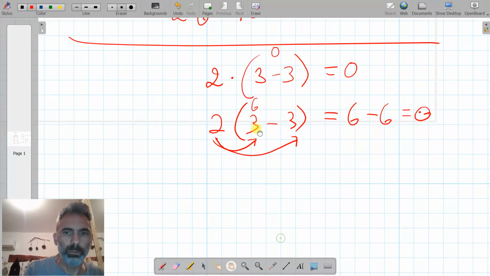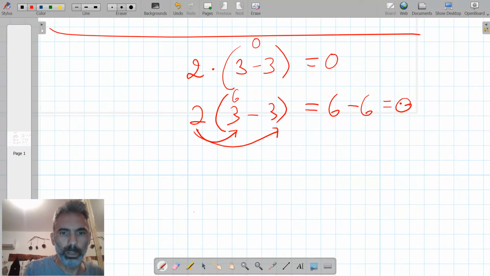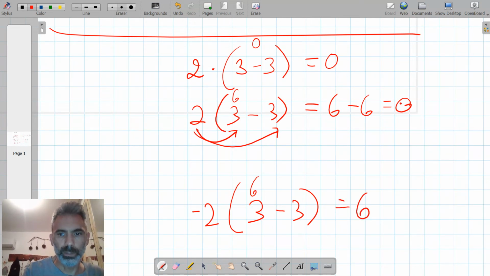So the same thing should happen when we take minus 2 and then multiply by 3 minus 3. Minus 2 times 3 is, sorry, I made a mess, minus 6.